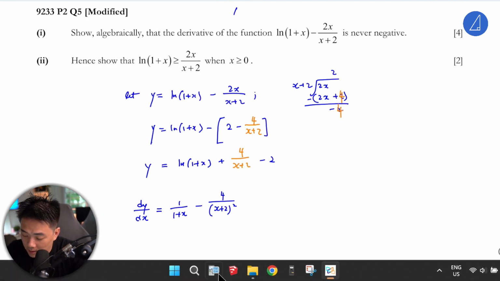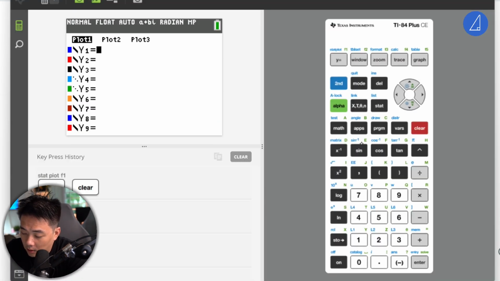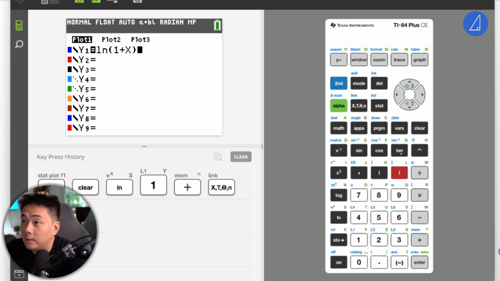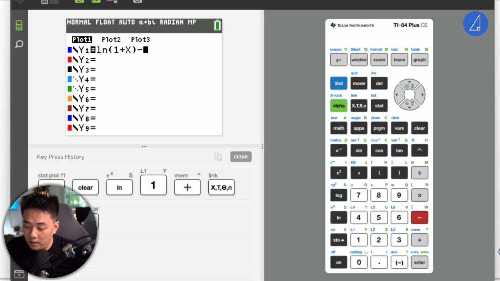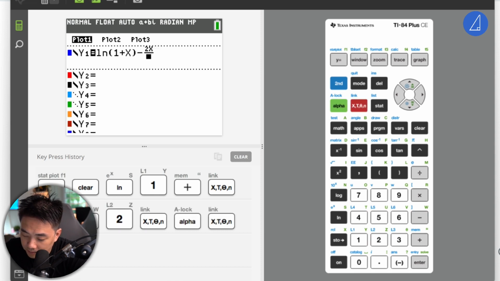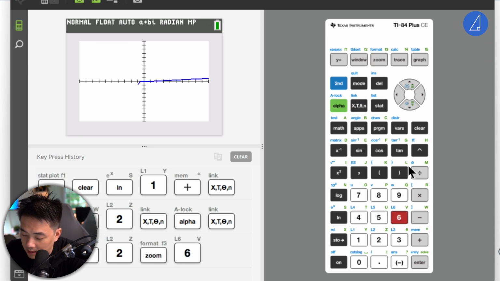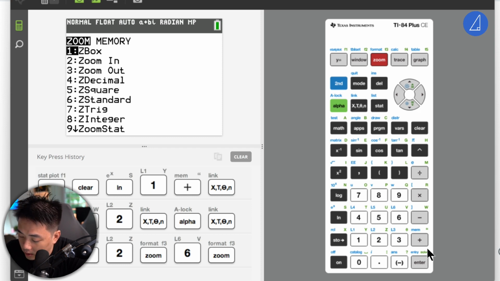So what we do now is plot the graph. Because we need the derivative graph, it's 1 over 1 + x minus 4 over (x + 2) squared. Here, meaning the gradient will always be positive. So we graph it out, and you'll see the gradient is always positive.